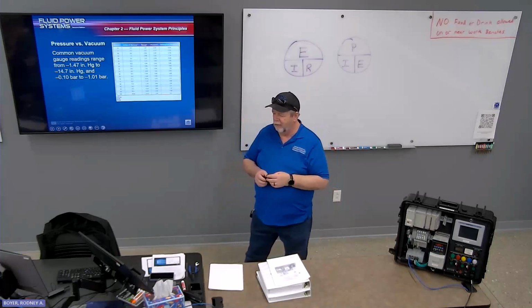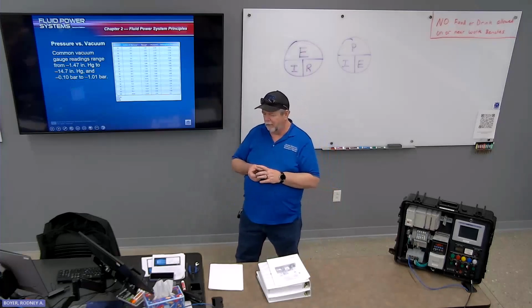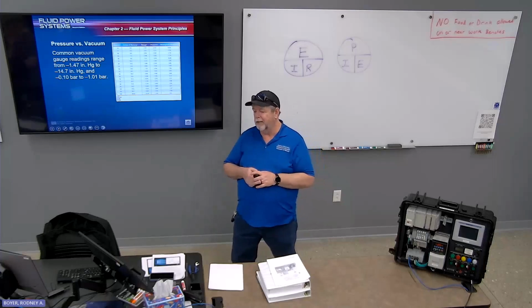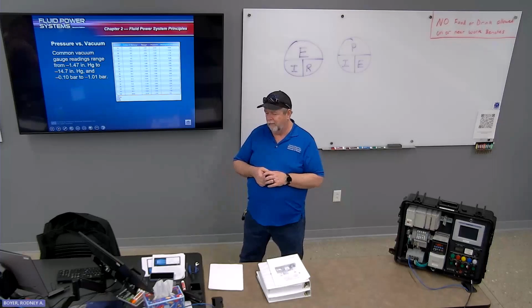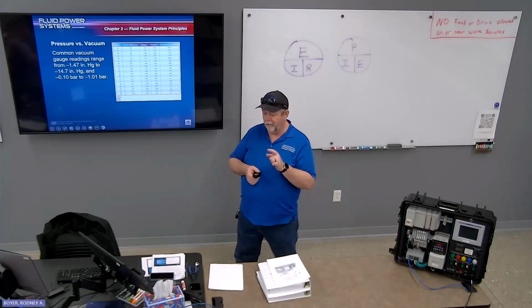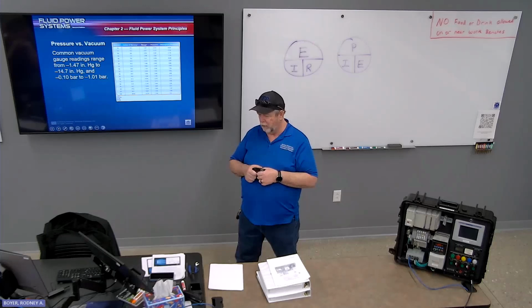Pressure versus vacuum. Common vacuum gauge readings are from negative 1.47 inches of mercury to negative 14.7 inches of mercury, or negative 0.1 bar to negative 1.01 bar.